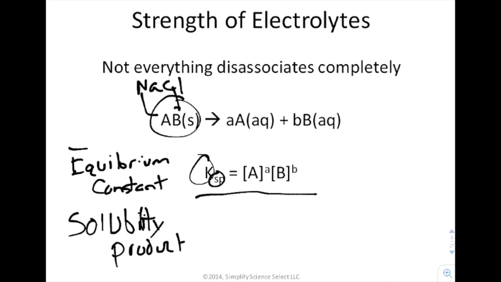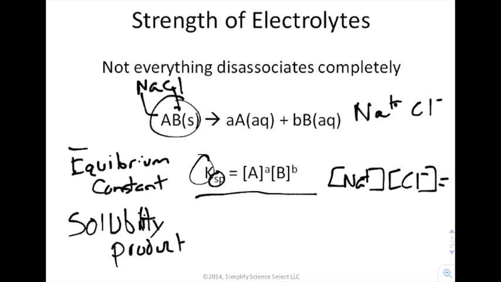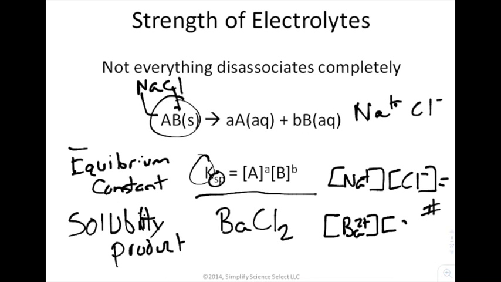So for example, if you had sodium and chloride, it would be the concentration of sodium times the concentration of chlorine equals some number, and it's that number that's experimentally determined. But if you were to have something like barium chloride, it's BaCl2 because you have to balance the charges. So instead of just writing [Ba2+][Cl-], that is not the correct expression.